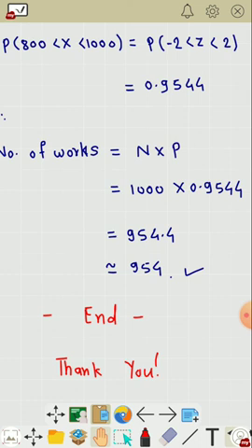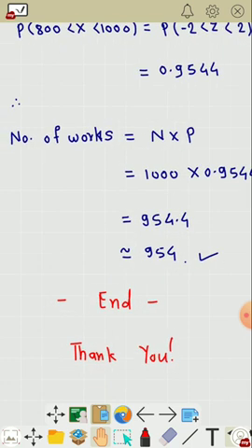So the approximate value is 954. Therefore the total number of workers having wages between 800 and 1000 is 954 workers.